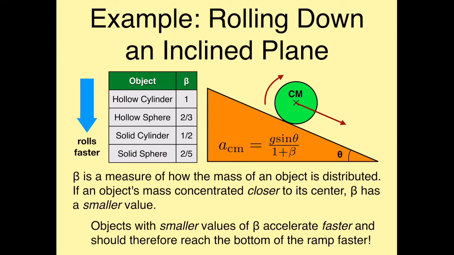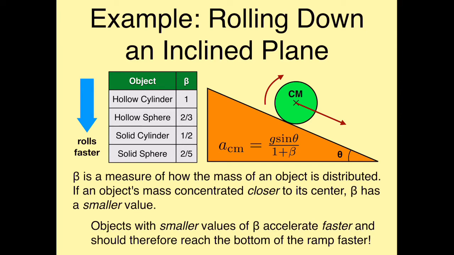Now, what does beta actually mean? What is the meaning behind this number? Well, beta is a measure of how the mass of an object is distributed. If an object's mass is concentrated closer to the center, then beta has a smaller value. If the mass is spread out as far from the center as possible, then beta has a bigger value.